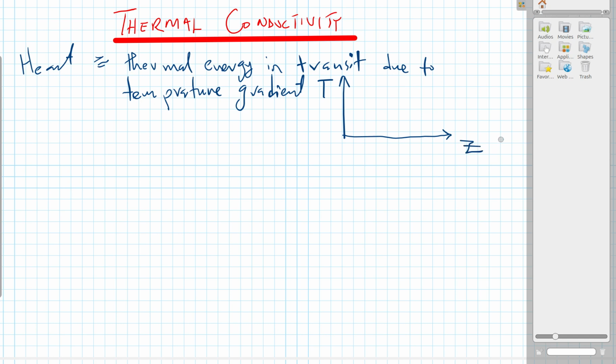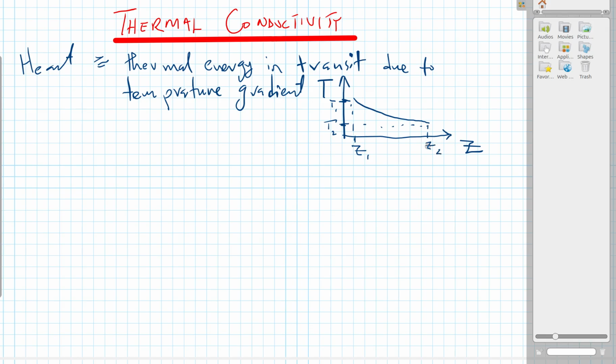Supposing this is the z-axis and the vertical axis is temperature. If we have some point with temperature T1 at point Z1, and another point with temperature T2 at point Z2.